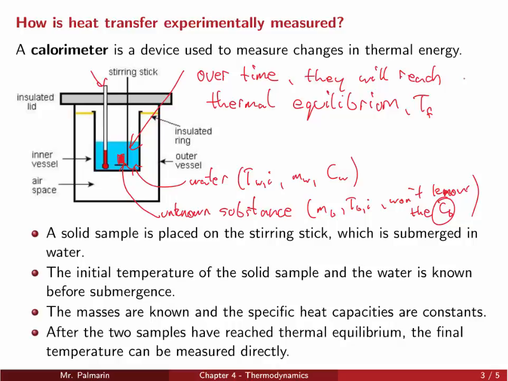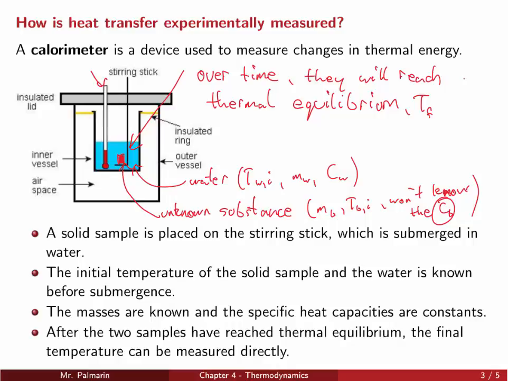By the way, if you start with the same temperature, that's profoundly useless because nothing will happen. So you want them to be vastly different in temperature. Let's say the water's at 20 degrees Celsius, the rock's at some large amount, 100 degrees Celsius. Therefore, you know the initial temperature of the material.